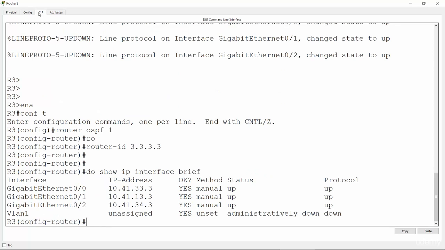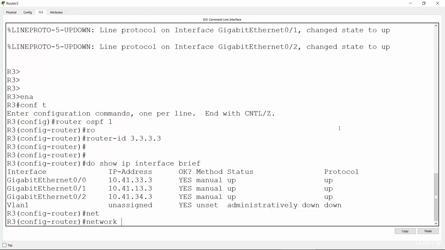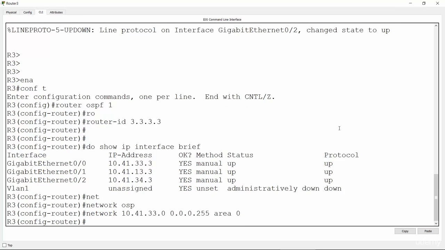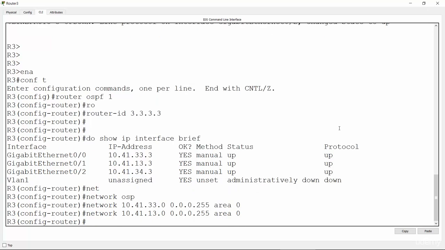Okay, this router has these networks and I'm going to configure them with the network command, with wildcard 0.0.0.255 and area 0. 13 and 34.